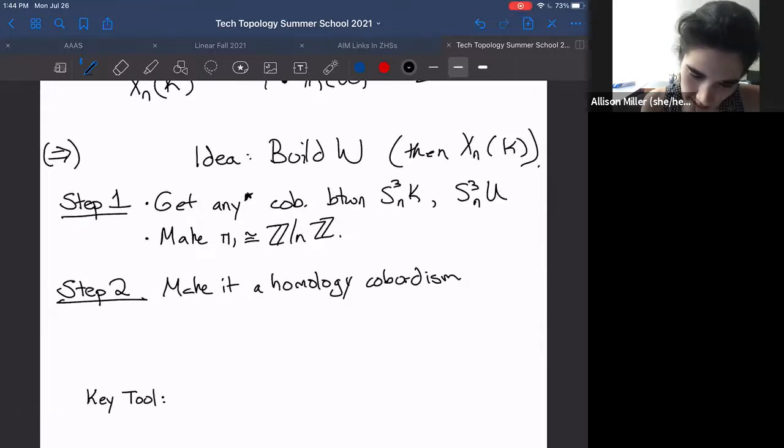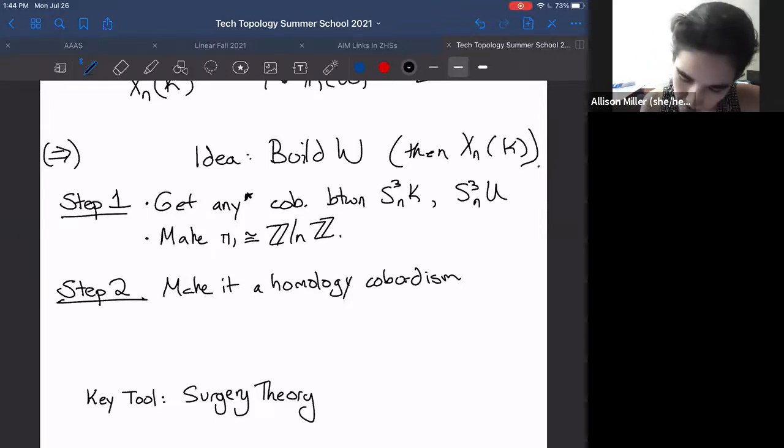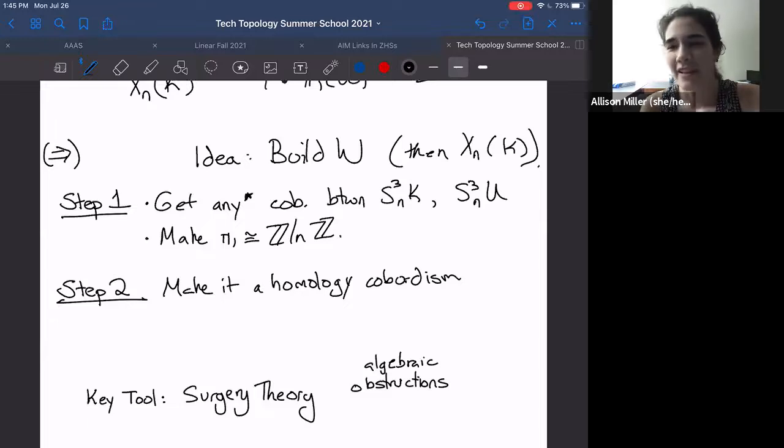And really what I want to say is that the key tool is something called surgery theory. Surgery gets used in too many ways. But what is really going on here is that there are obstructions, I'll even emphasize here, algebraic obstructions, to having a homology cobordism between S3 and K and S3 and U with this nice fundamental group.